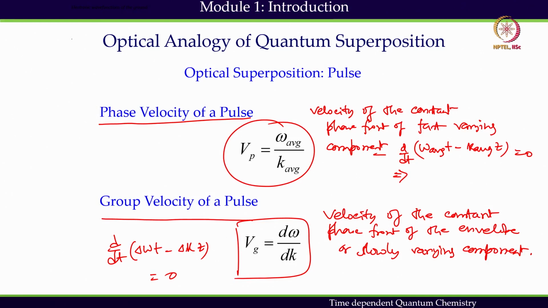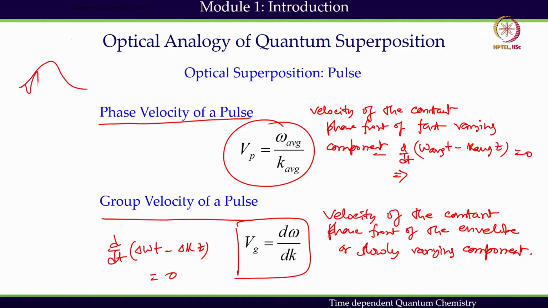The question is, what is the velocity of this envelope function and what is the velocity of this carrier wave? These two components are different, and they will have independent velocities. Sometimes they are together and have the same velocity; sometimes they have different velocities. That's why one is proceeding more quickly than the other.